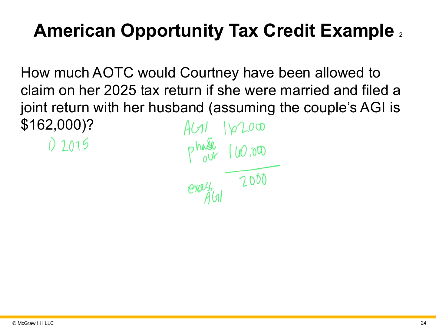And so that phase out range is 180,000 minus 160,000. And I pulled this from page 7 of our tax rates and schedules packet.